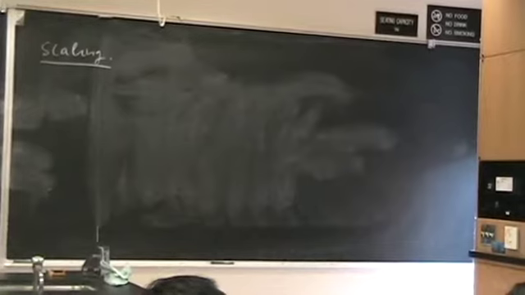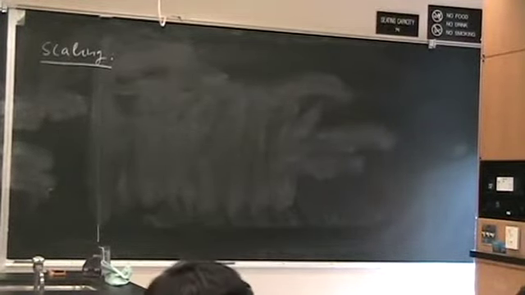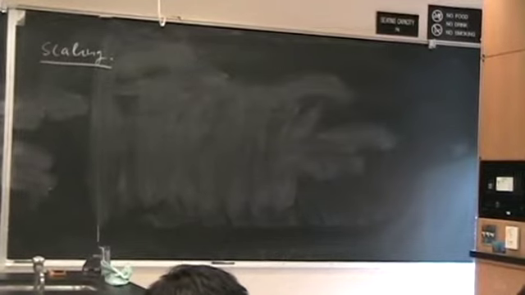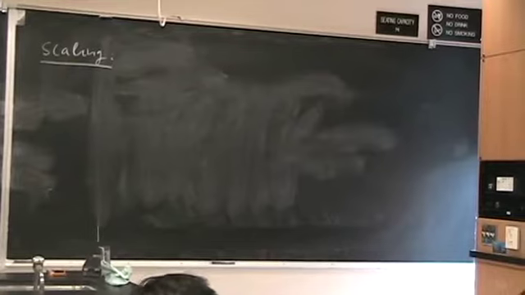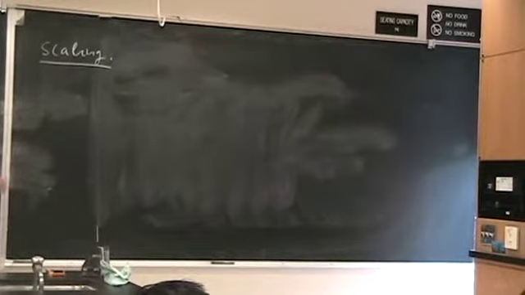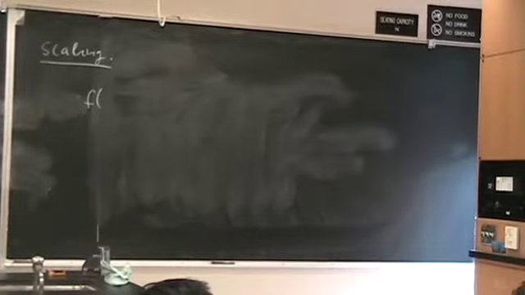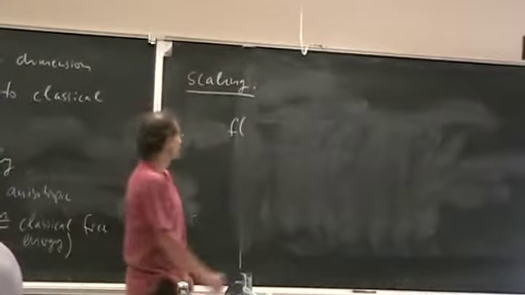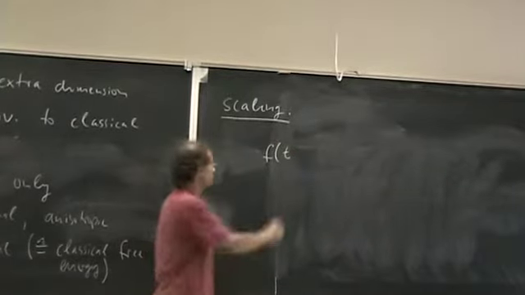Okay, so we wrote down Widom's scaling hypothesis for the free energy last time. And the question is, what do we do if we have a quantum system? So remember what we wrote down yesterday. The free energy is a function of two variables, the distance from criticality, little t, and the magnetic field h.